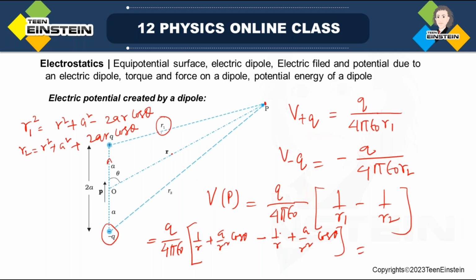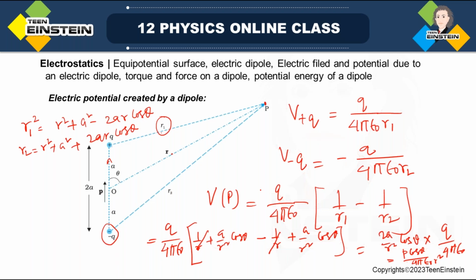So you get, see, this is 0, this is 0, so this will be actually 2a by r square cos of theta into the previous one, q by 4 pi epsilon naught. Now what is 2aq? 2aq will be p, so p cos theta by 4 pi epsilon naught r square will be the potential.